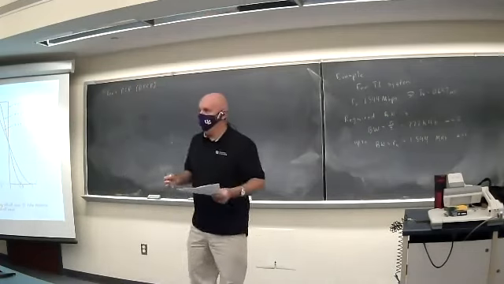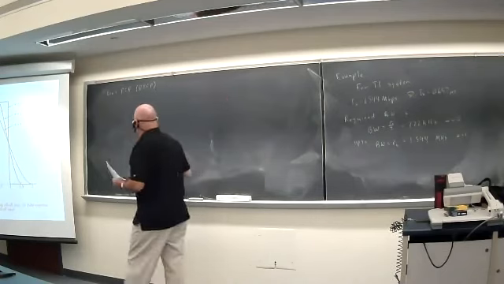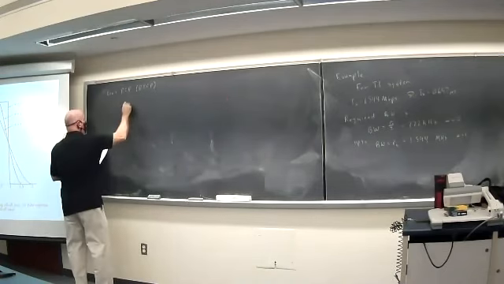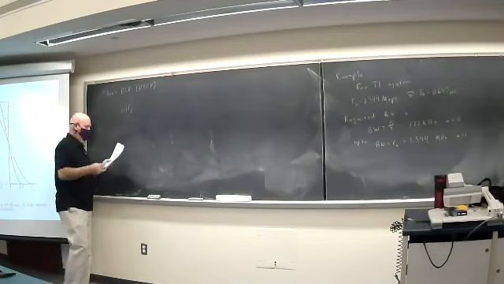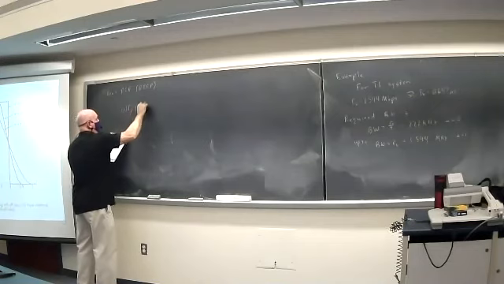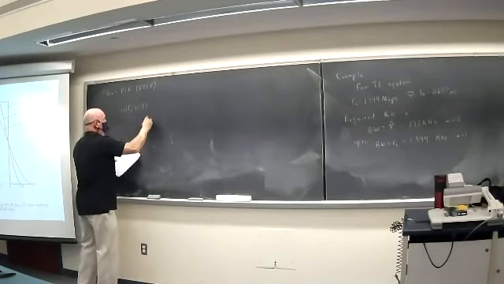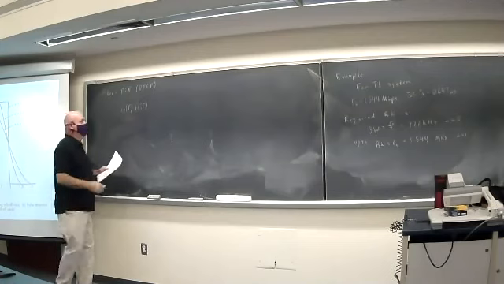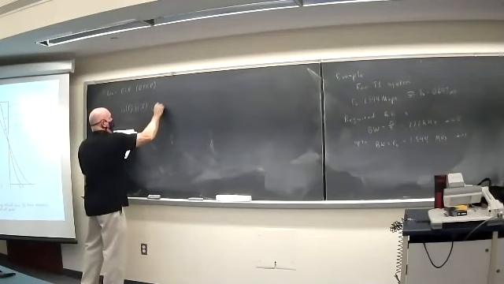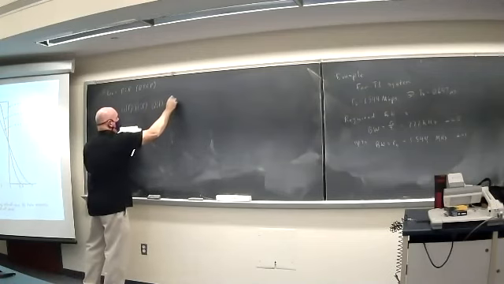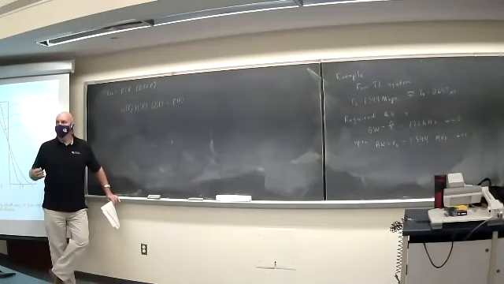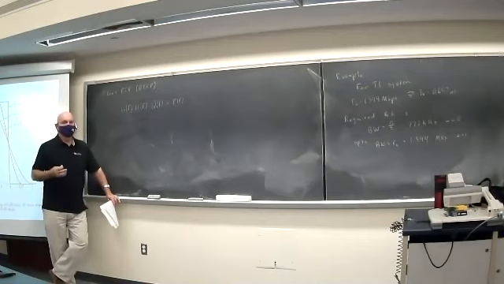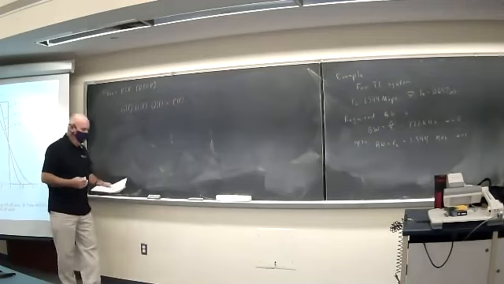We had a pulse shaping filter at the transmitter, which we called G of F, and then we had the channel frequency response, H of F, and then we had another filter at the receiver. All three of these give us the spectrum of the final processed pulse.